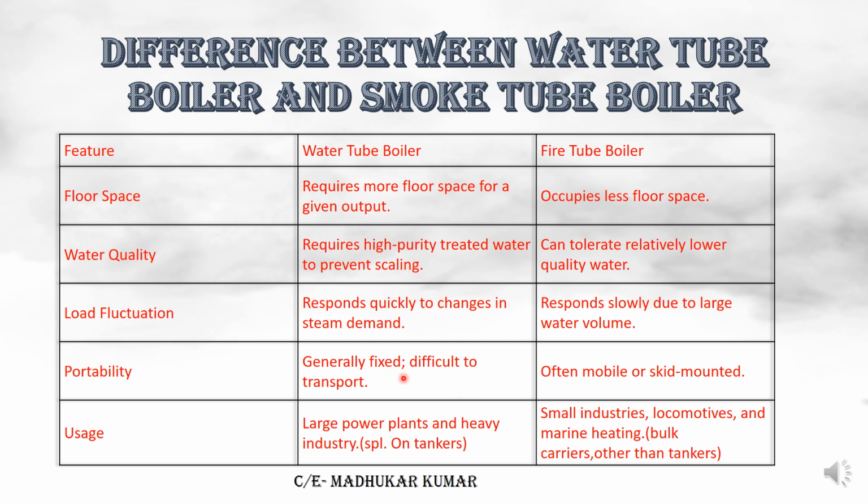Uses: large power plants, heavy industries. In the marine sector, it is mostly tankers, VLCCs and all, where there is a COPT requirement. The fire tube boiler is for small industries, locomotives, marine heating purposes, also in bulk carriers, general cargo, and non-tanker vessels, where it is mostly utilized.